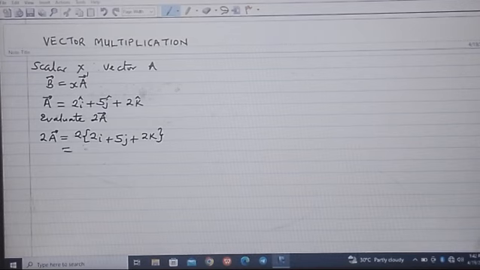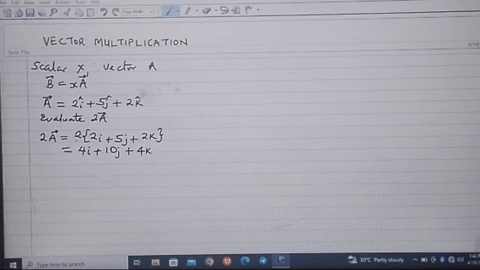This gives us a new vector. 2 multiplied by 2 will give you 4i. 2 multiplied by 5 is 10, while 2 multiplied by 2 is 4. So we have a new vector, which we have obtained by multiplication with a scalar. This is quite simple, easy.